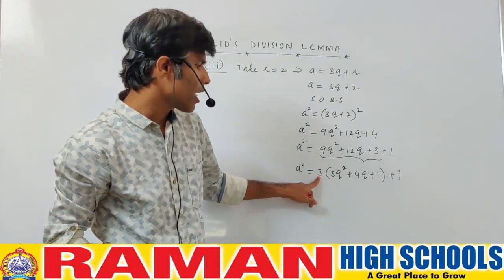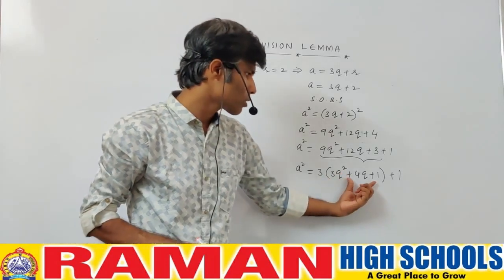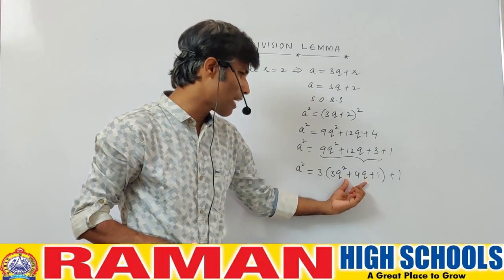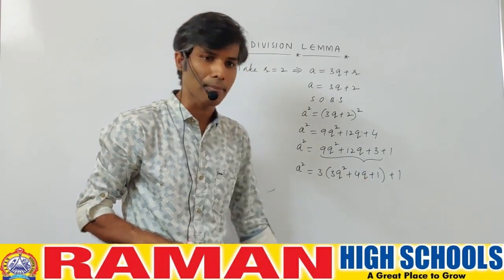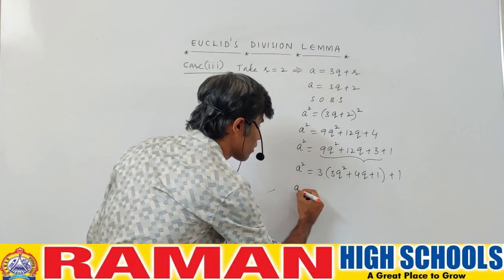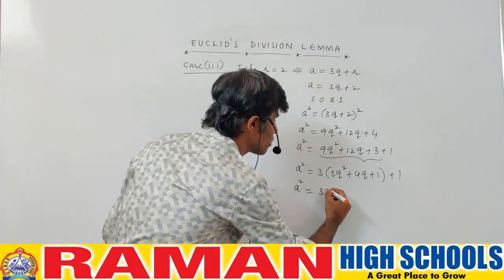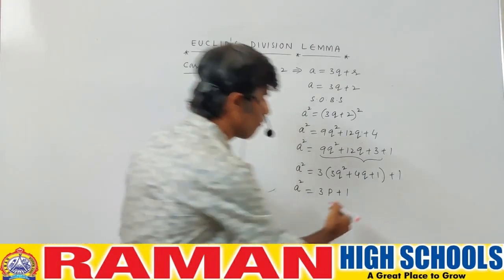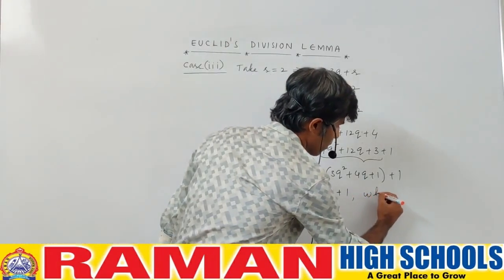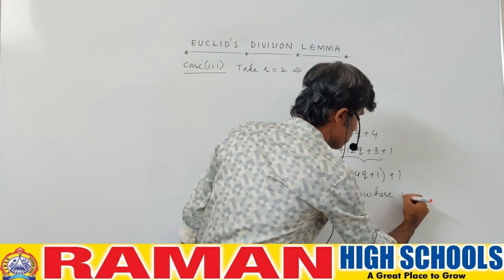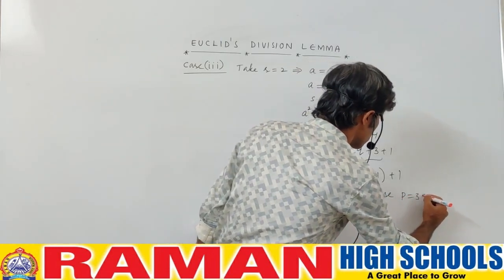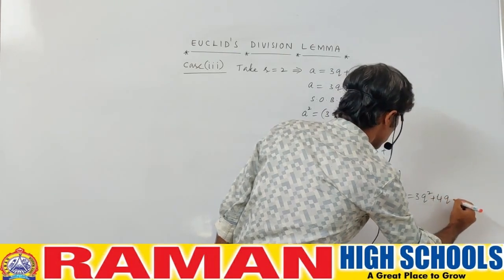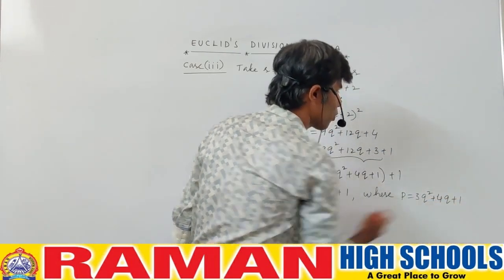Here we have 3 into something. This bracket value we are going to take as some p. Therefore a square equals to 3 into p plus 1, where p equals to 3q square plus 4q plus 1.